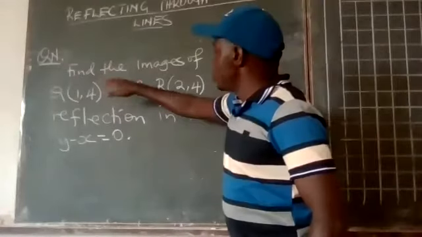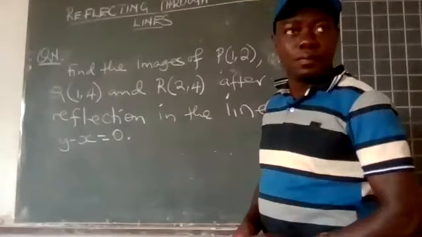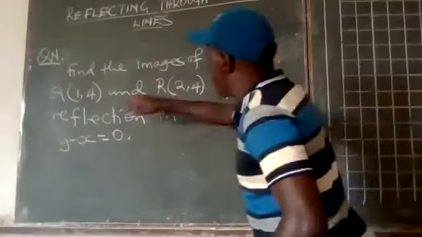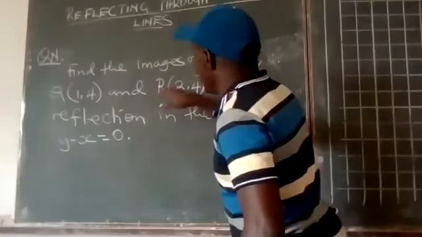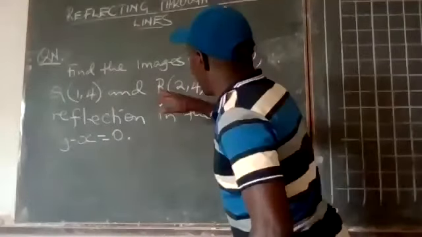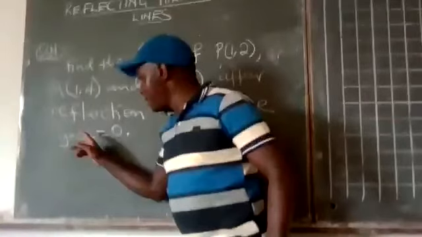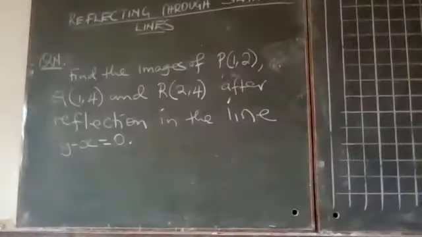We are told to find the images of the points P, Q, R after reflection in the line y minus x is equal to 0.